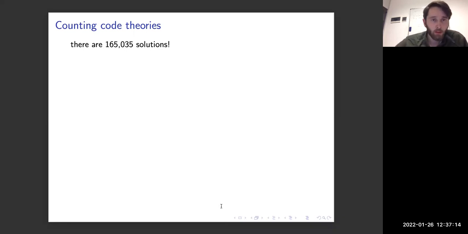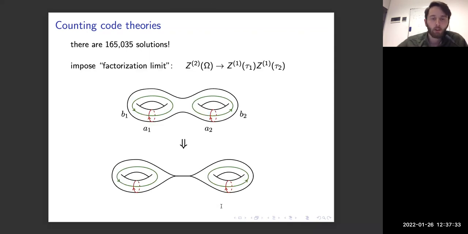So that's not so useful, but we need to impose something else, which if you have thought about these genus 2 partition functions, you may have already guessed: that's the factorization limit, which is that the partition function should factorize into the product of two lower genus partition functions in the limit where they're just attached by a point or an infinitely long thin tube.